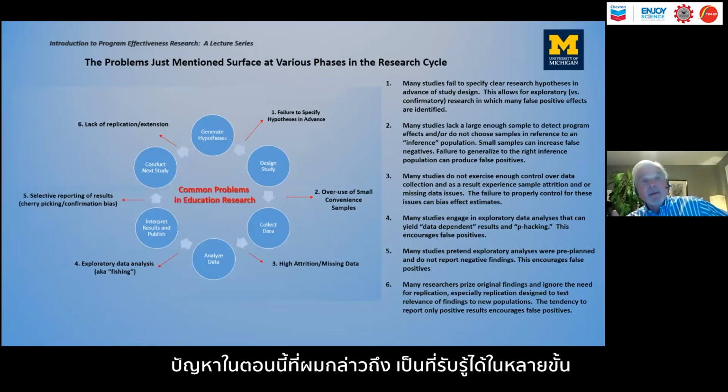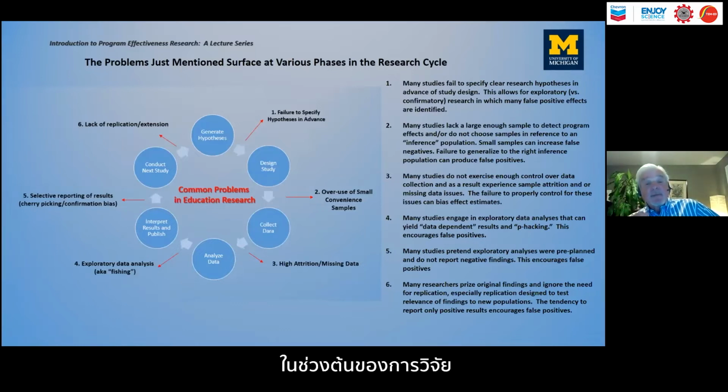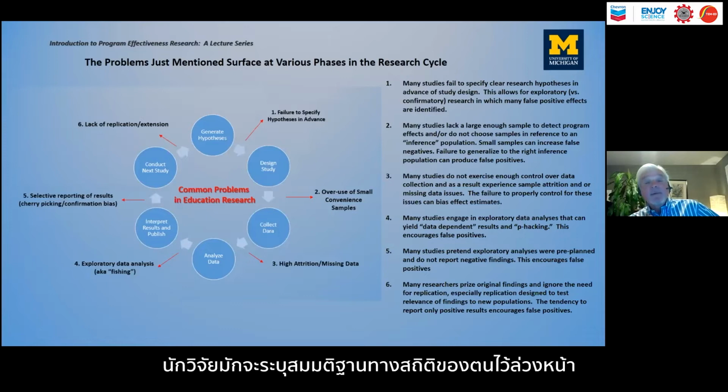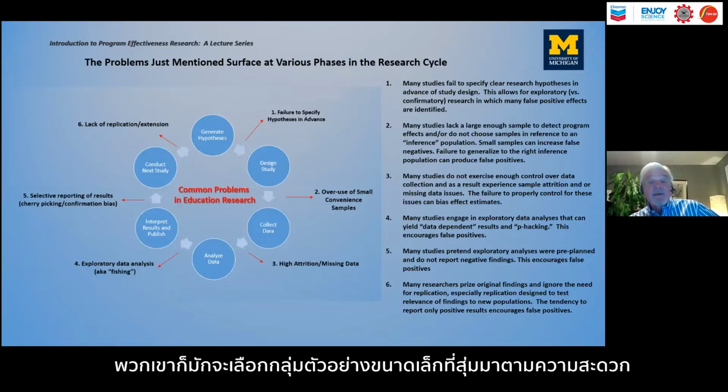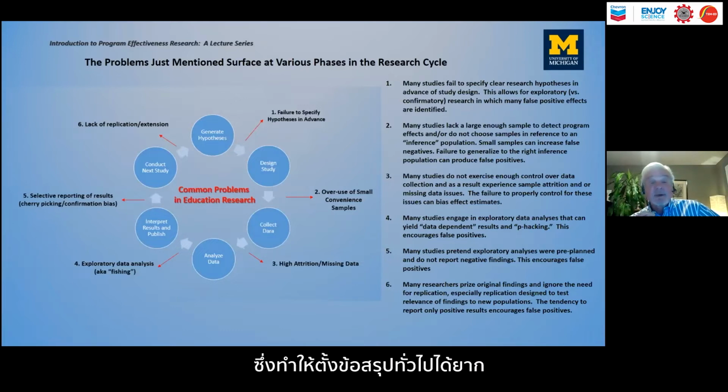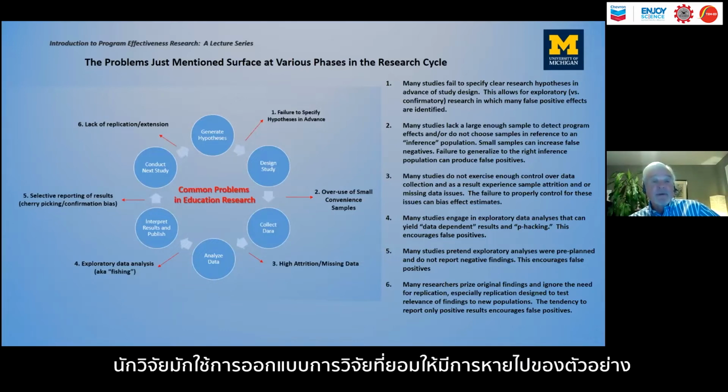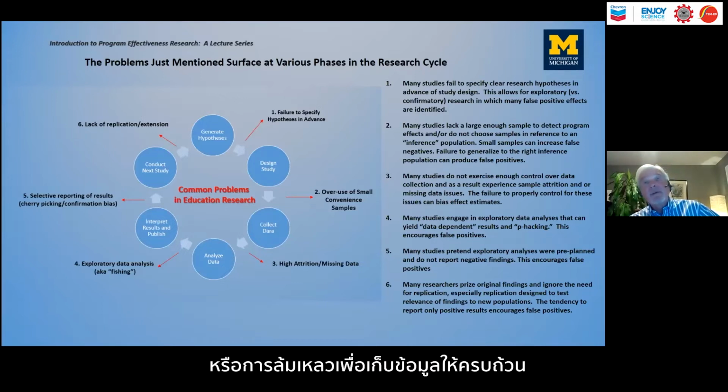Now, the problems that I'm mentioning here surface at various phases. So early in studies, researchers often fail to specify their statistical hypotheses in advance. As they conduct the study, they often select small convenience samples that makes it difficult to generalize. They often use research designs which allow for high attrition or fail to collect complete data.